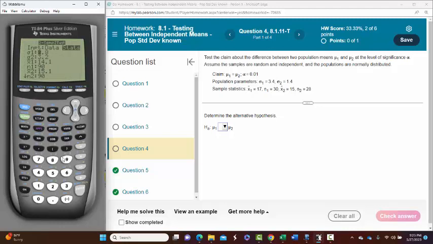3.4 is the first standard deviation, 1.4 the second. The first sample mean is 17, first n is 30.